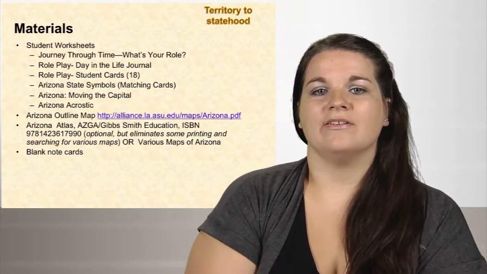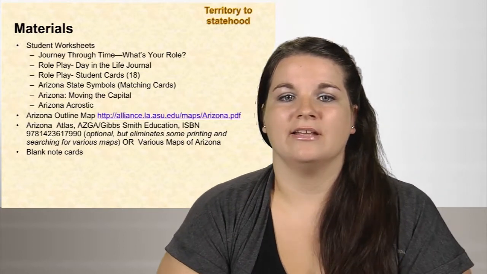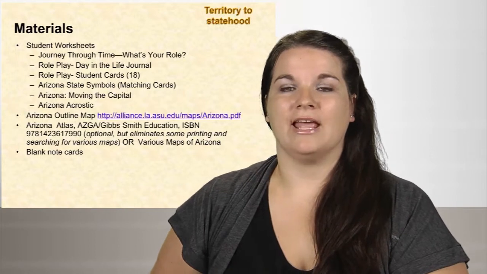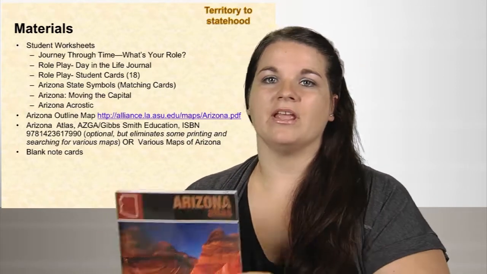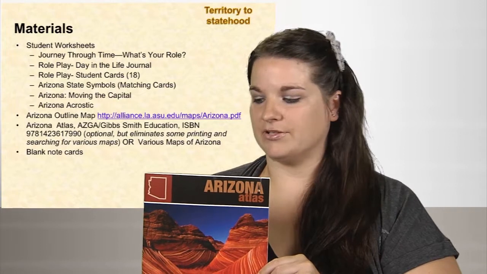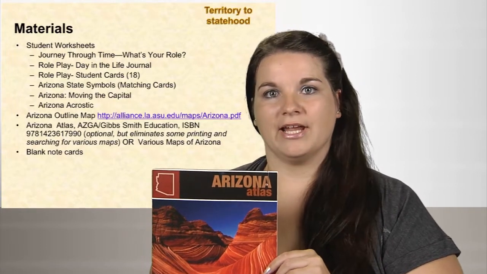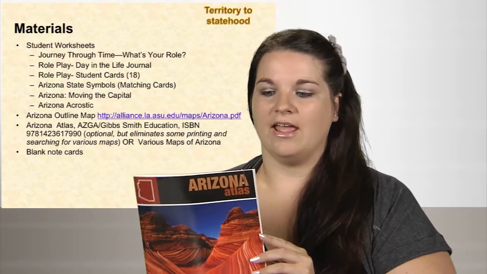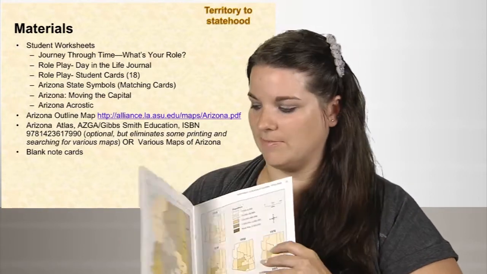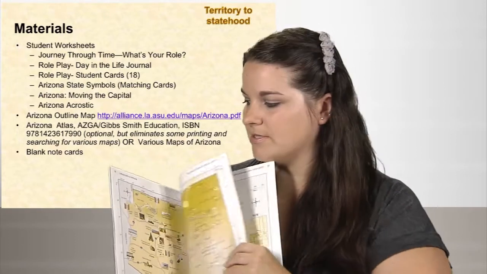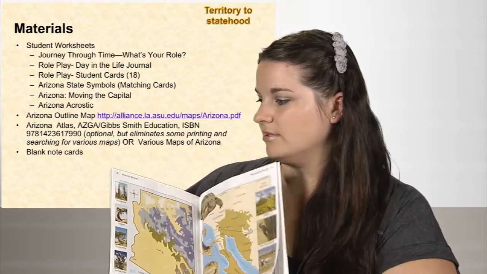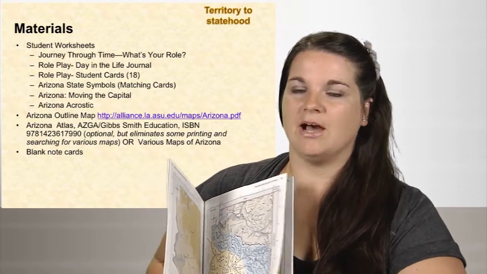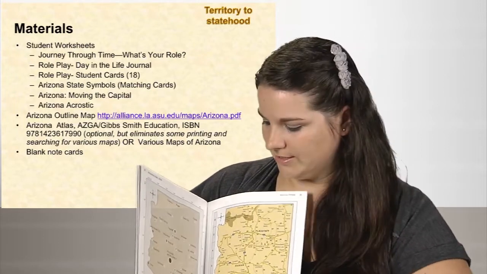Also helpful to have is an Arizona Atlas, and I've provided the ISBN number. This is optional, but it does eliminate some printing and or searching for types of maps. So here is the Atlas, the Arizona Atlas. It was created specifically for teachers in Arizona to cover the standards, and so it has maps, all different types of maps for different landmarks, biomes, regions, topography, rivers, its connection to different historic events that are in the standards.